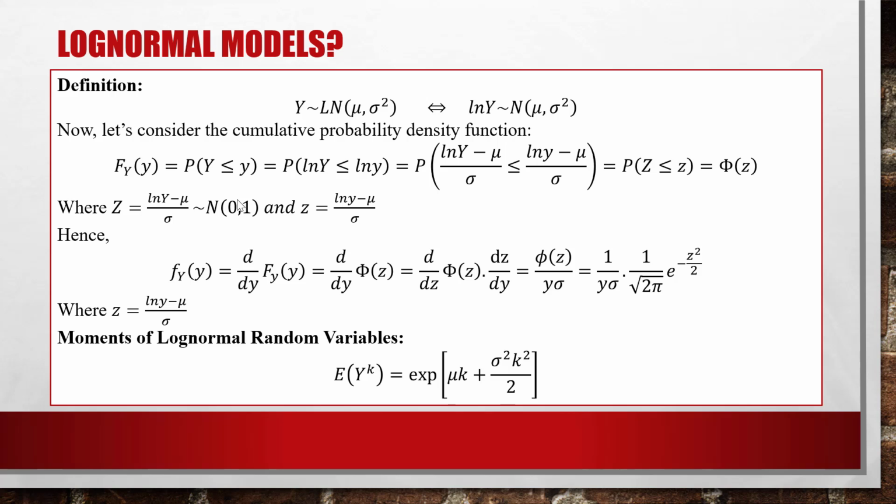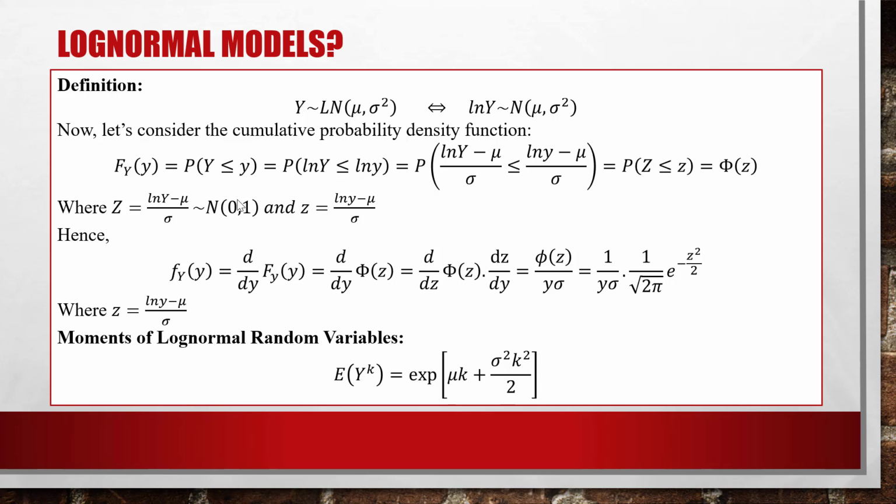So we got probability that natural log of y subtract mu over sigma is less than or equal to natural log of little y subtract mu over sigma. And the left hand side in the inequality is z, which is a standard normal distribution random variable. And the right hand side is notated by a little z representing a value of random variable z.